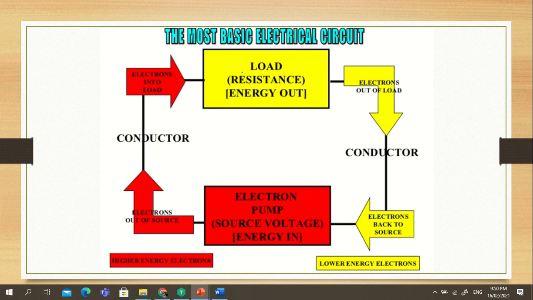Since some of the energy is already out, the energy coming back to the source will be lower in strength or level, because the load consumes electrons that are transformed into heat, light, motion, or whatever. So the most basic electrical circuit looks like this.